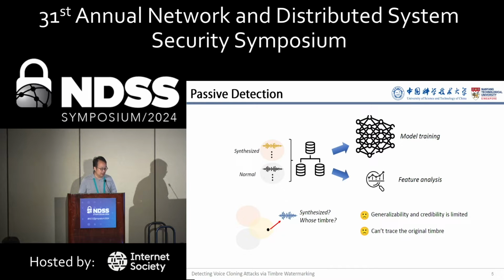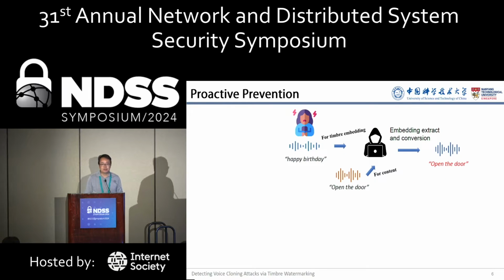The second type of work tries to proactively prevent the generation of the voice. One typical example is that we can add some perturbations or noise in the voice before releasing it. After that, the malicious users are not able to generate or clone the voice as they desire. However, those solutions also have some limitations.